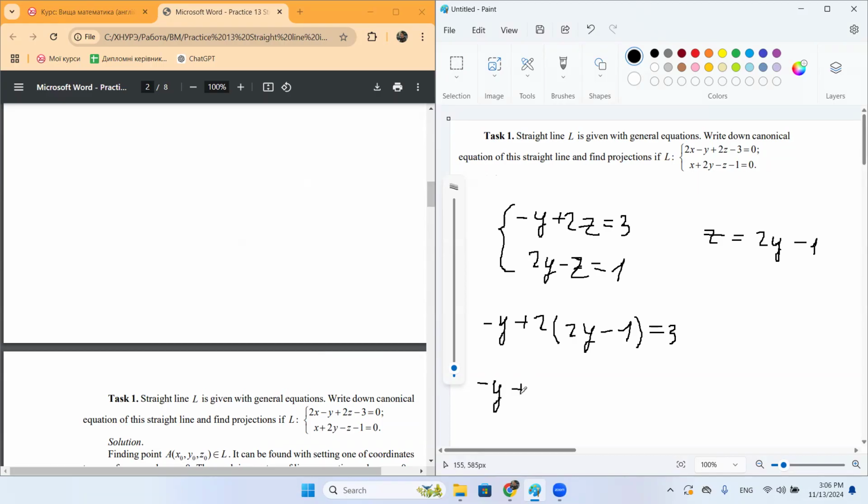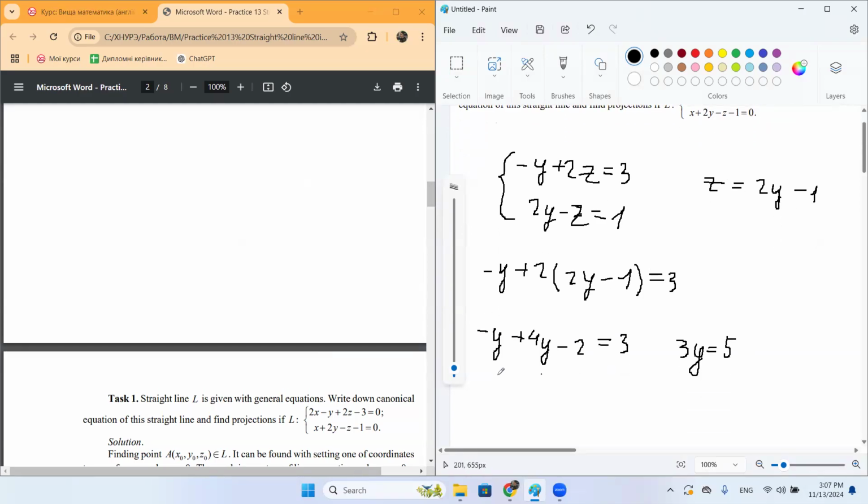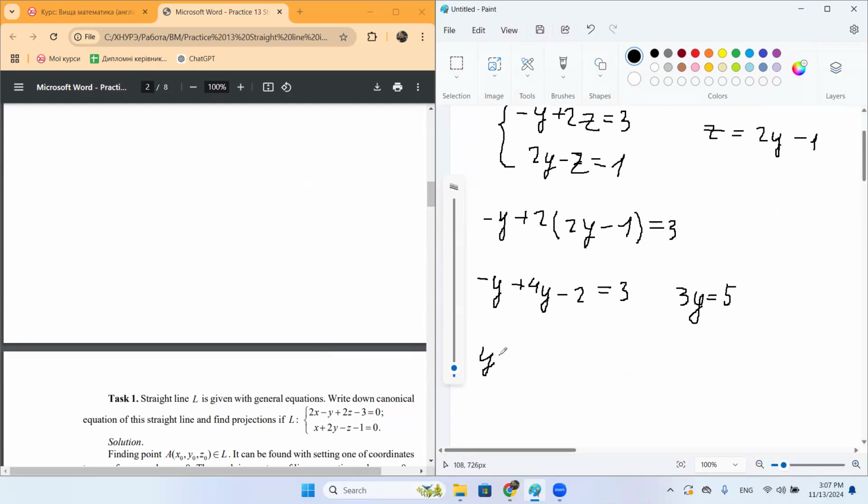Minus y plus 4y minus 2 equals 3. So 3y equals 5, and y equals 5 thirds.